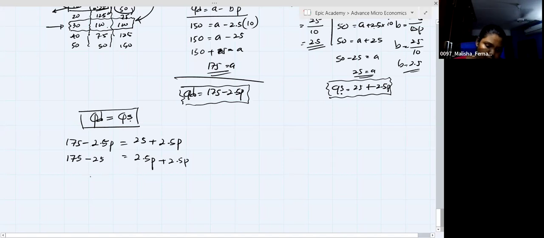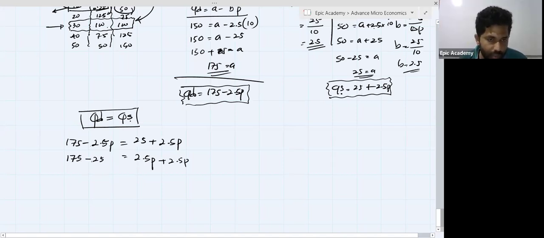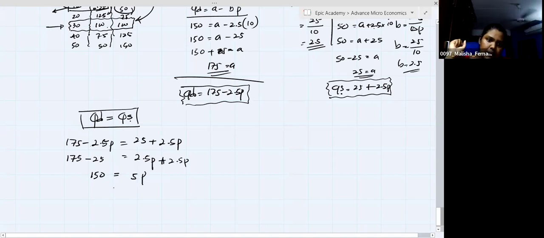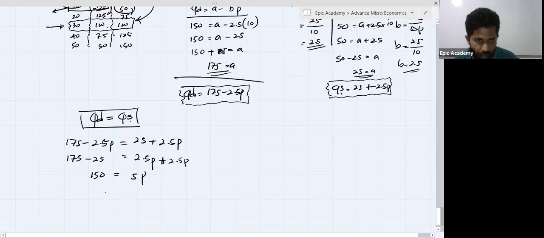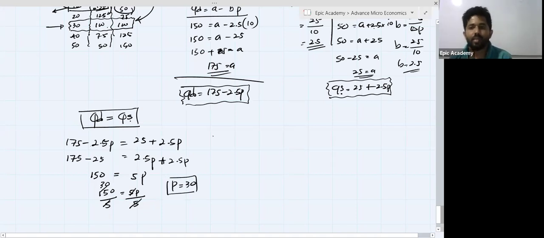So 175 minus 25 means 150. 2.5 plus 2.5 is just 5. So then 150 divided by 5. So we can get the value for P: 30. So the equilibrium price is 30.